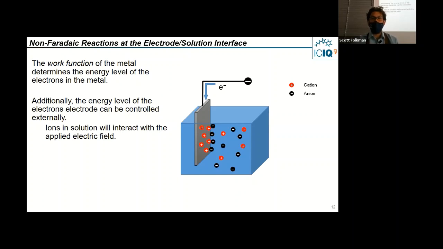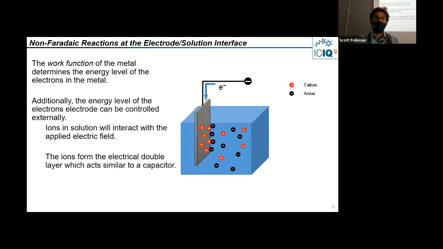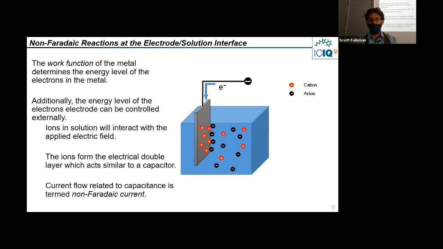Alternatively, if we polarize in a negative direction, cations will flow towards the surface of the electrode in response to the electric field. We term this capacitance the double layer, the electric double layer. And it acts similar to a parallel plate capacitor in many ways, in that there's a time response associated with it.